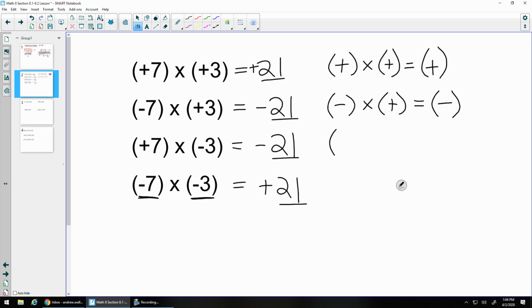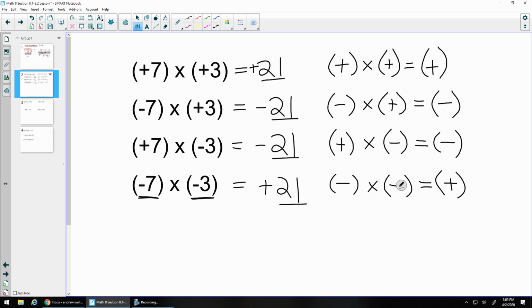In our third case, a positive multiplied by a negative is equal to a negative. And lastly, a negative multiplied by a negative is equal to a positive. Okay, so these are our basic rules right here.